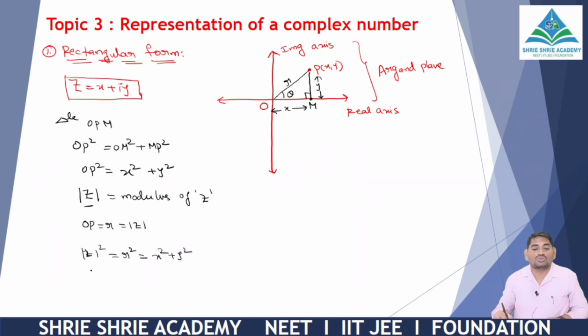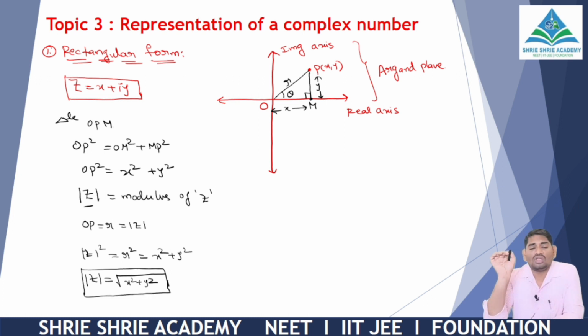From this we get modulus of z is equal to root over x square plus y square, where x is the real part of z and y is the imaginary part of z.